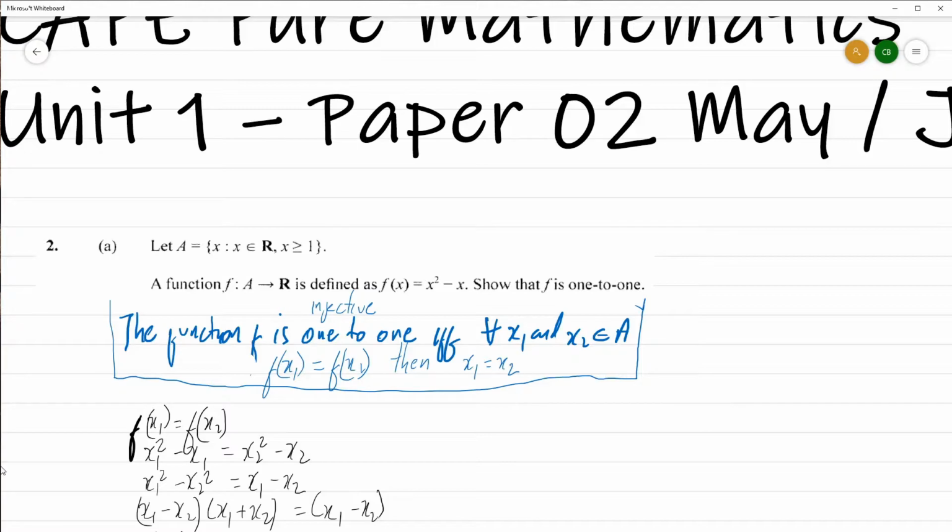So I'm going to write x1 minus x2 times x1 plus x2, and this comes over to the side, minus x1 minus x2, is equal to 0. So x1 minus x2 is common, so we could take that out.